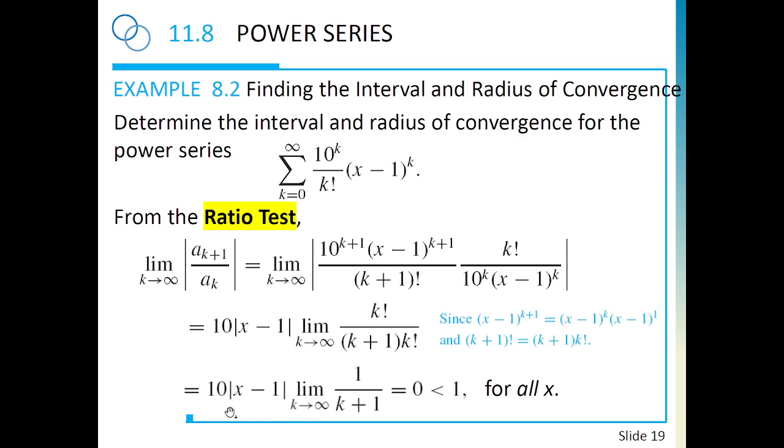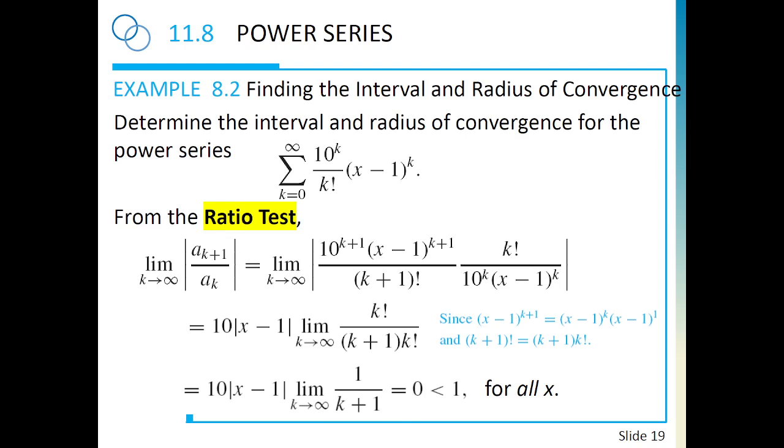Regardless of the value of x, this expression is 0. That means that by the ratio test, the series is absolutely convergent for any value of x. x doesn't play a role at all. So the series will be convergent for all values of x.